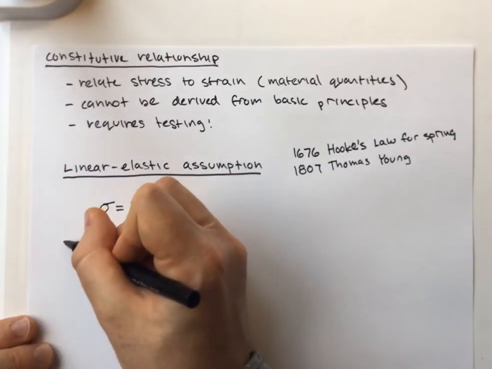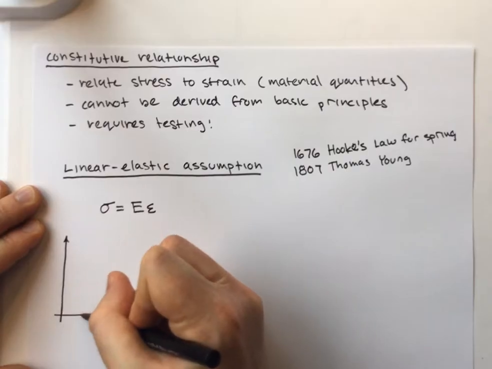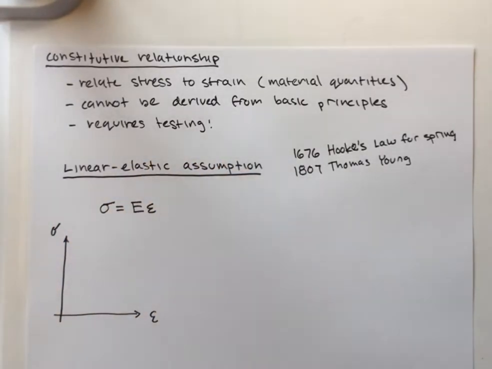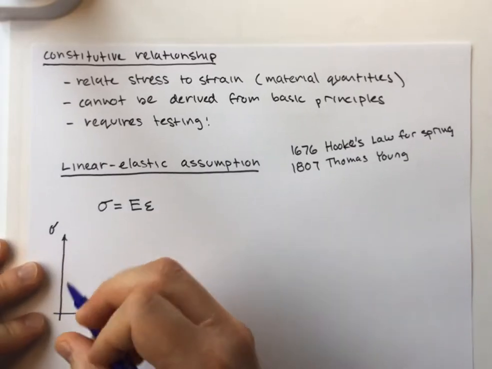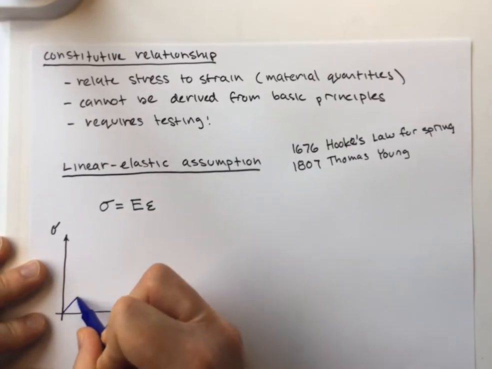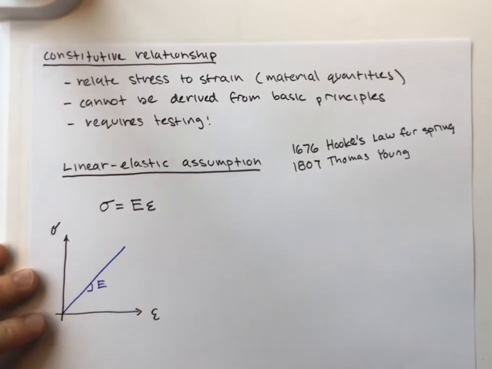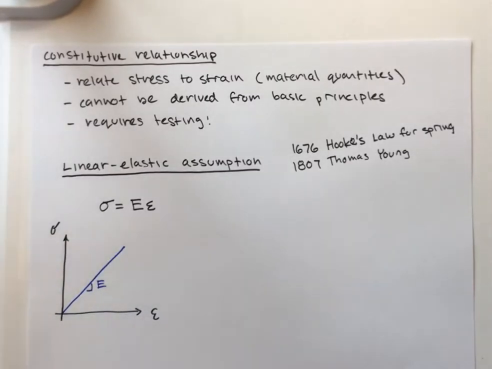So I'm going to draw some axes here just to reiterate. If this is strain and this is stress, what we're saying is we have some relationship here that looks like that. And the slope of that relationship is E, the elastic modulus.